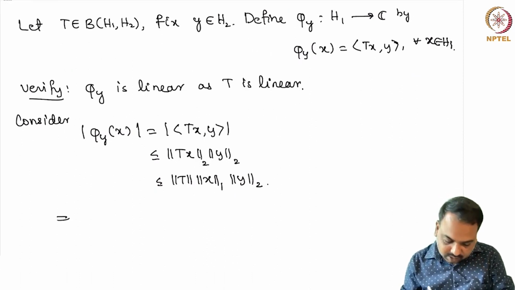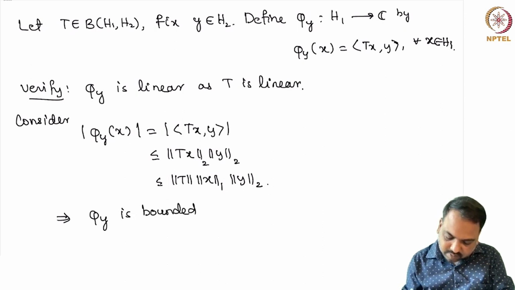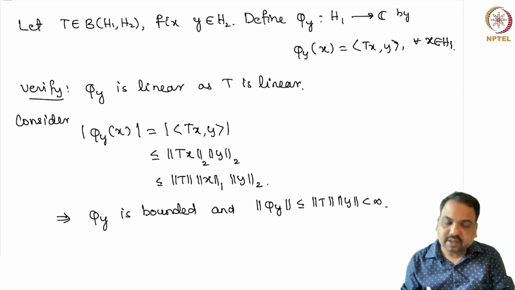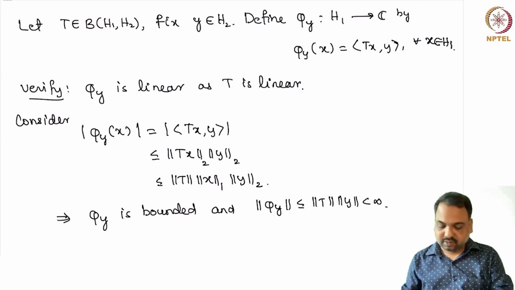So this implies that phi y is bounded, and not only that, the norm of phi y is less than or equal to norm T into norm y. So this is a finite quantity, and phi y is a bounded functional with this bound as its norm.